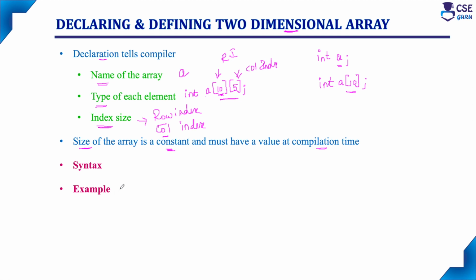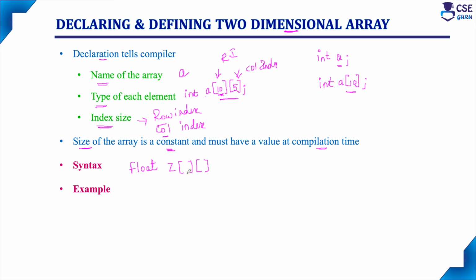Now, what is the syntax for a two-dimensional array? For example, if I want to declare an array, any data type we can specify. Here I have declared a floating point data type Z. Z is the array name and two square brackets we have to specify.